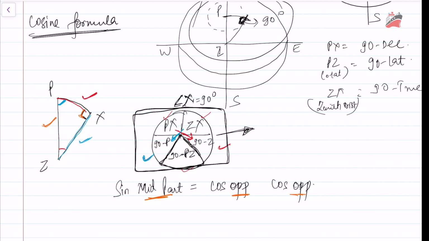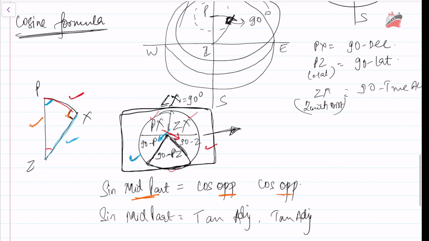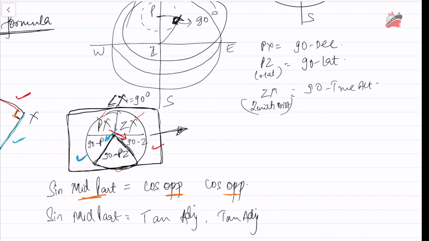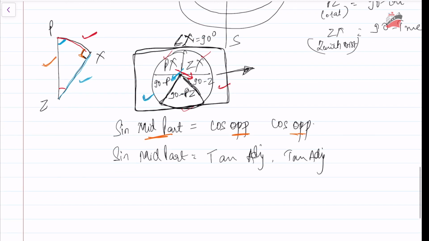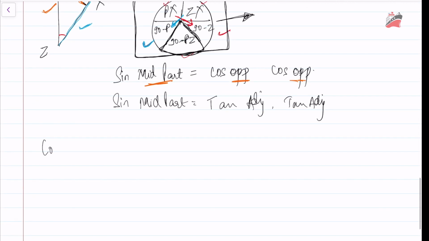Again, for the sine of the mid part, there are two formulas. Sine of mid part is equal to tan adjacent into tan adjacent, where adjacent is the adjacent part. I will explain what cos opposite and tan adjacent are while we are solving the numericals. I hope this is clear until now. Now what we are left with is the cosine formula. The cosine formula is very easy.